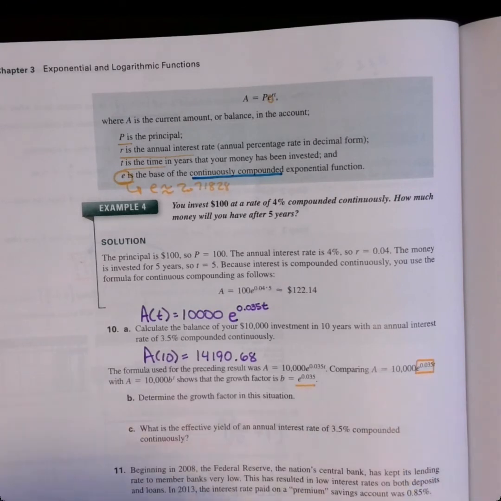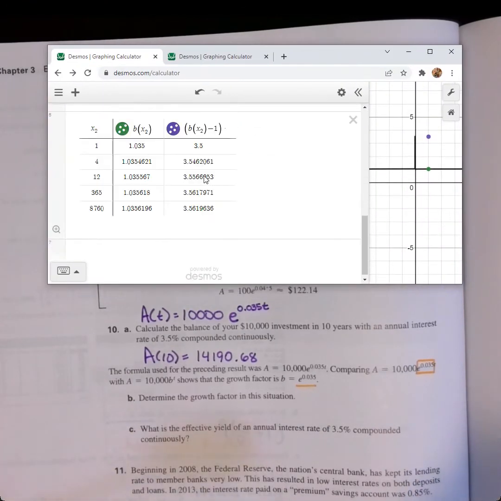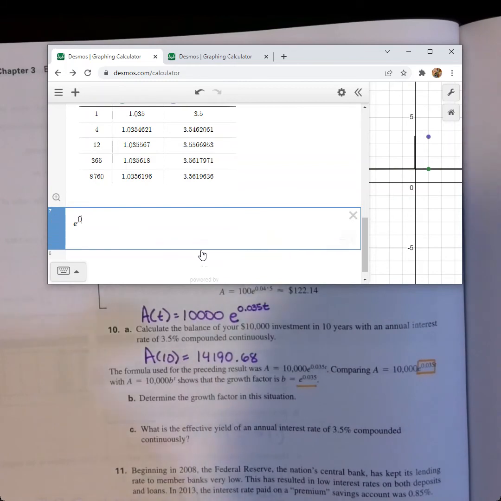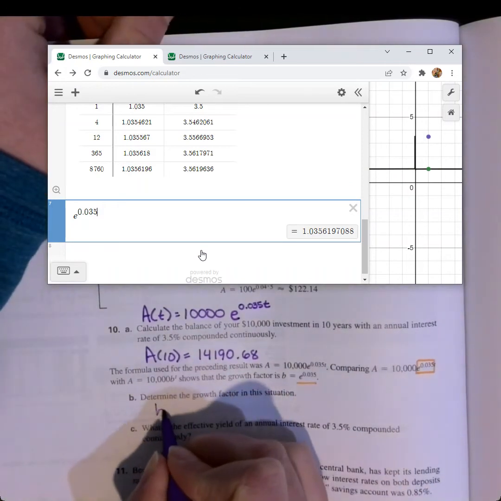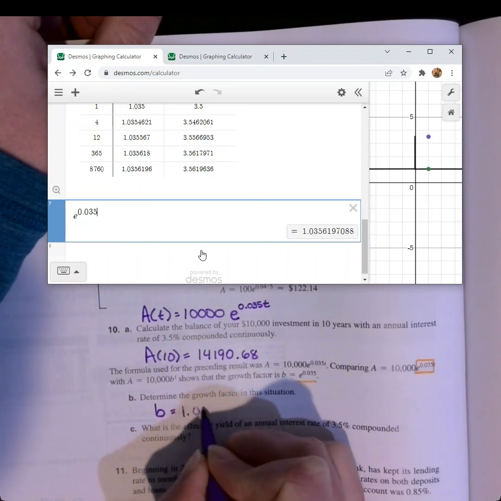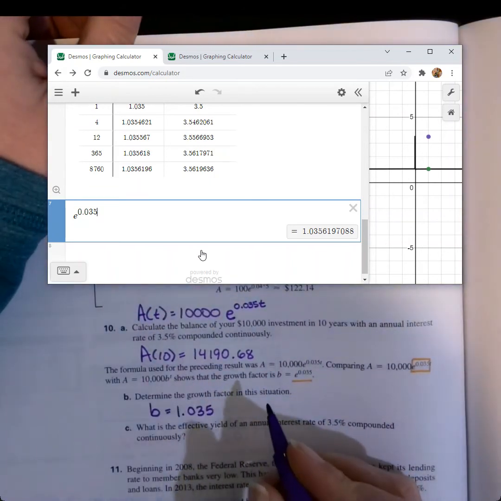Okay, so we want to figure out that value. All right, I'm going to do that down here. So if I do e to the 0.035, that gives us the growth factor, the base of 1.035. Can't stop there because that's the original base.